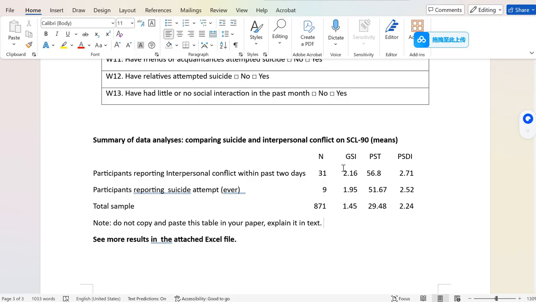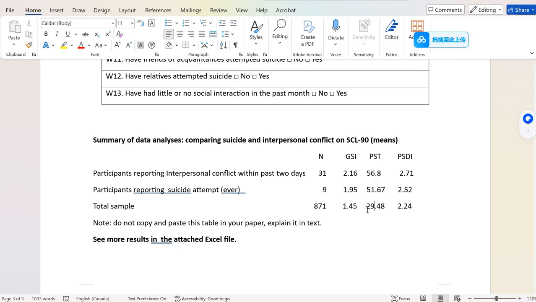The two groups do differ on Global Symptom Index. Do they also differ in Positive Symptom Total, the total number of positive symptoms? Yeah. The interpersonal conflict group was still the highest, followed by the suicide attempt group, 56.8 versus 51.67. Both groups were higher than the total sample.